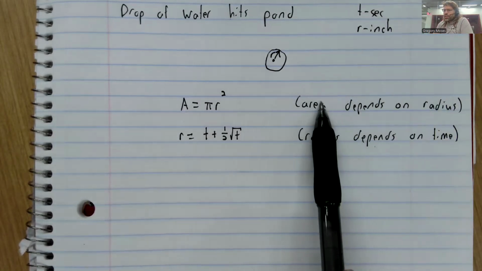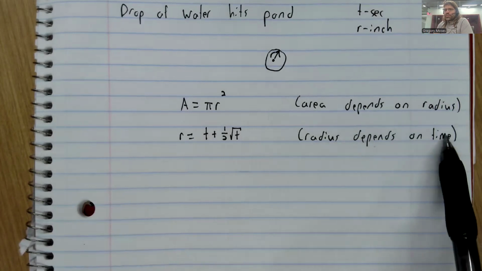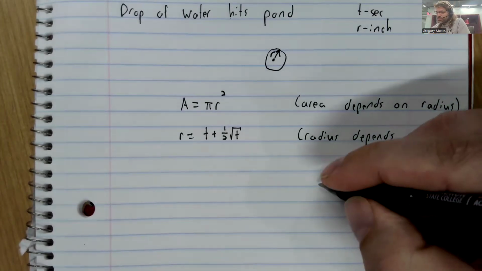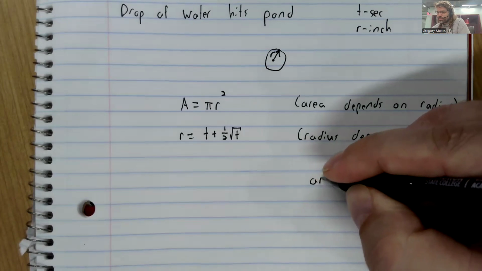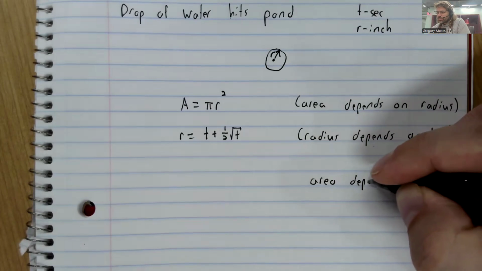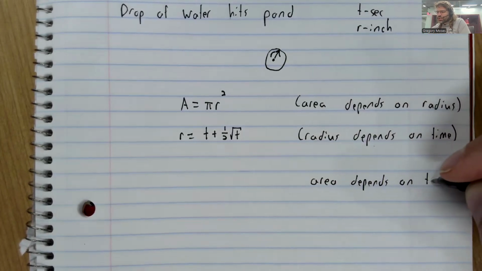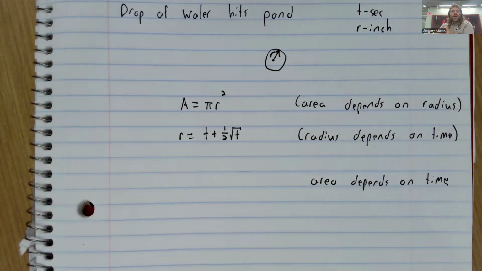Well, if the area depends on the radius, and the radius depends on the time, then the area indirectly depends on the time as well.